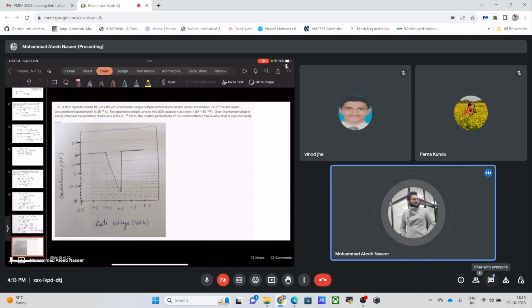constructed using a p-doped semiconductor with intrinsic concentration of 10 to the power of 10, and the doping concentration is approximately equal to 10 to the power of 14, sorry, not 12.